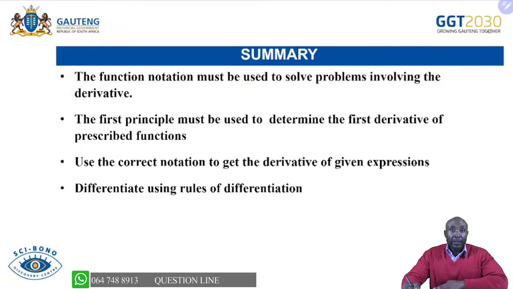We use correct notation. You saw the expression. If the expression is y equals, the derivative is dy dx. For example, if the expression is in terms of x. If the expression is in terms of t, you are able to evaluate the derivative as dt of whatever you have as the expression in brackets.